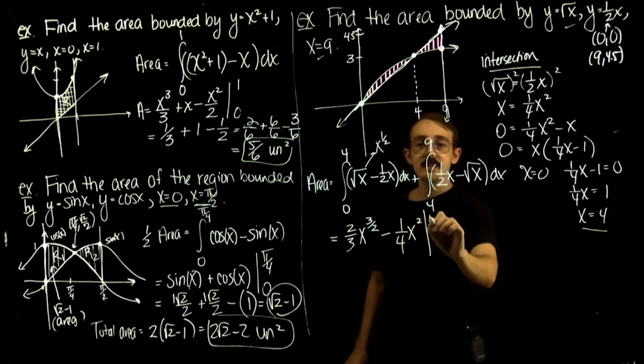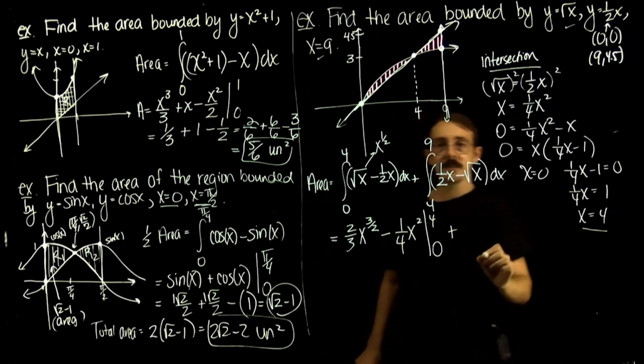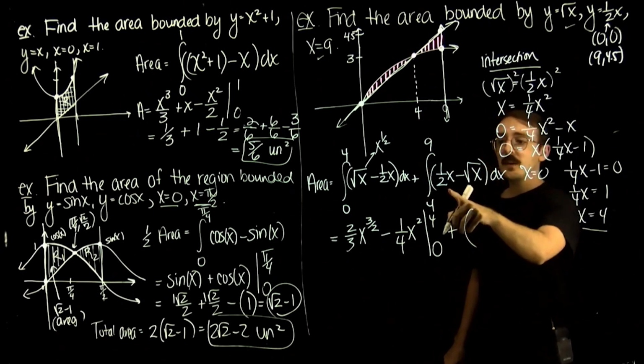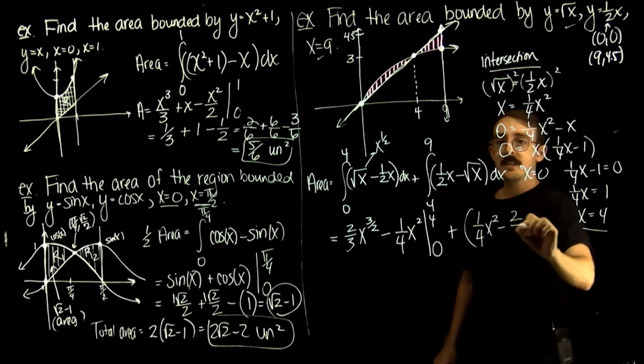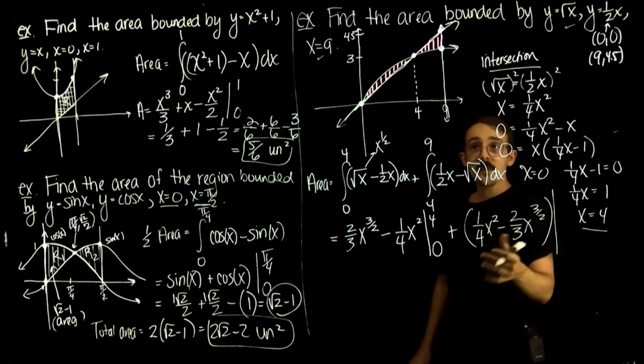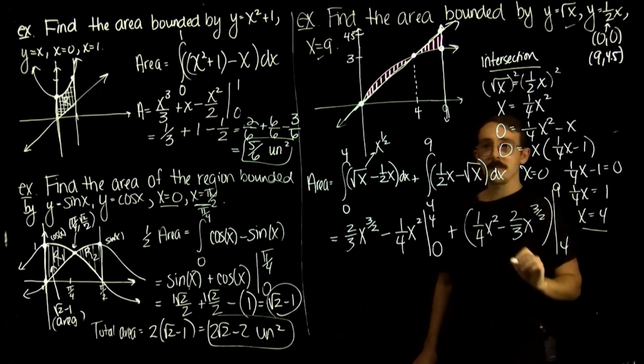You would evaluate this from 4 to 0, plus, if you want to integrate this one, it would be 1/4 x squared minus 2/3 x to the 3/2. And you would evaluate this one from 9 to 4.